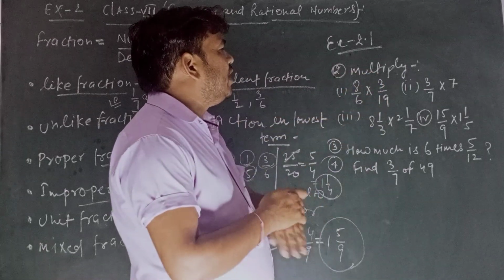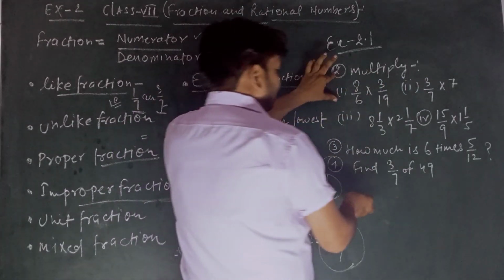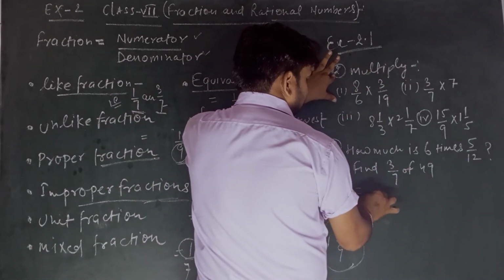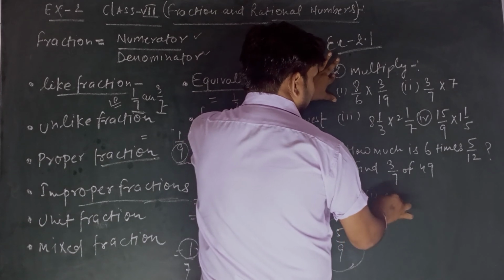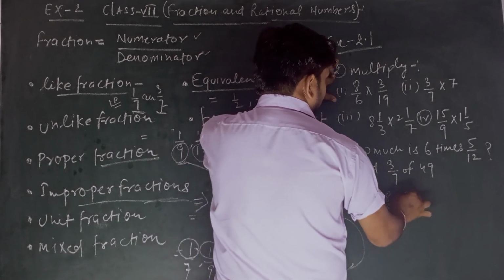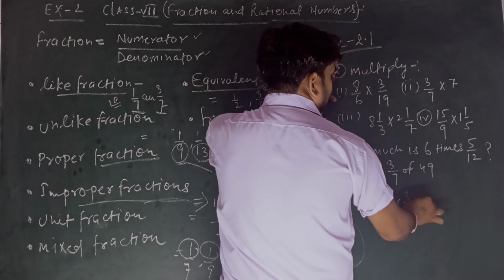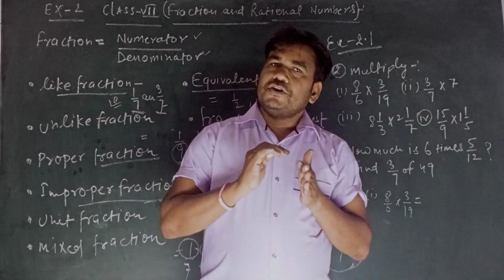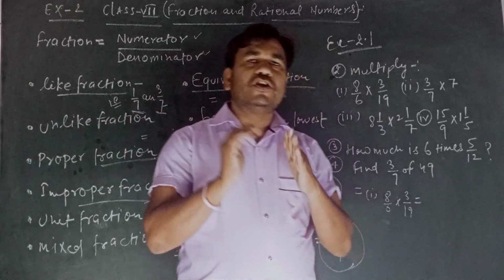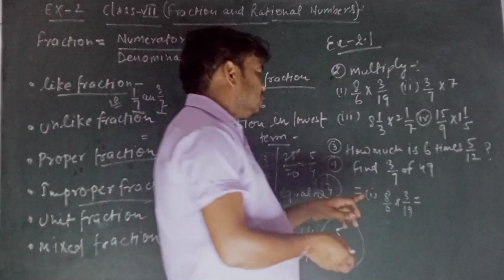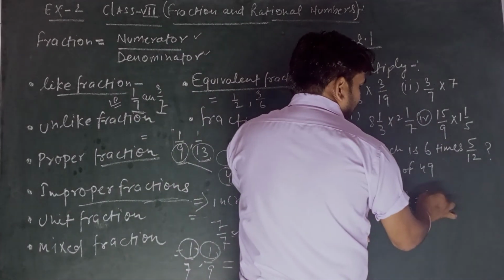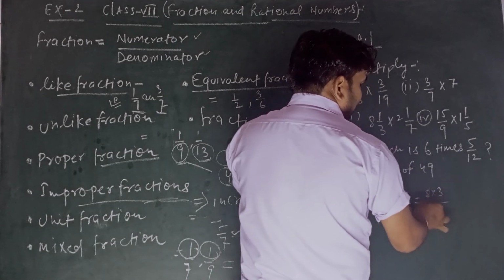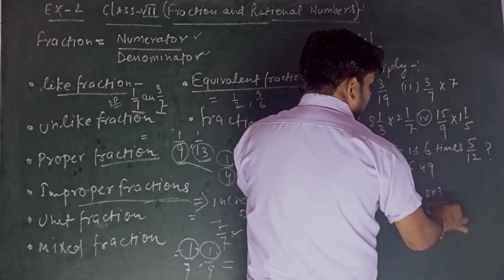Question number 2, multiplication. Here you see, students, part first of question number 2, 8/6 multiplied by 3/19. Students, in multiplication, you should multiply numerator by numerator and denominator by denominator. So here 8 multiplied by 3 and 6 multiplied by 19.